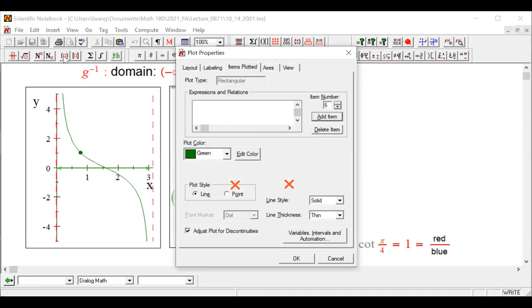Very similar, I'm going to use the orange color. You know what that orange color means, right? What does that orange color mean? Arc length. That's right. Now I'm going to use that orange color again to describe pi over 4.